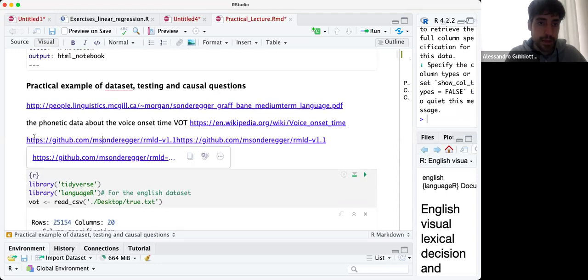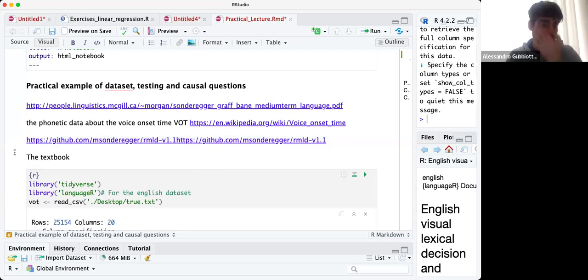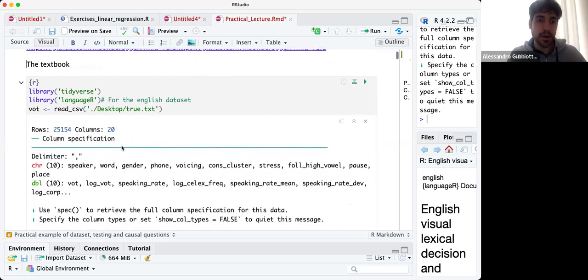Maybe the data is on this GitHub page of the author of the paper, so I will also put it in the chat. There is also a book of his about regressions in linguistic data, which is very well explained. So this is a reference for linear regressions.